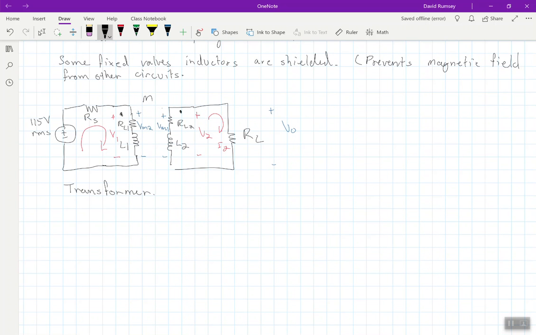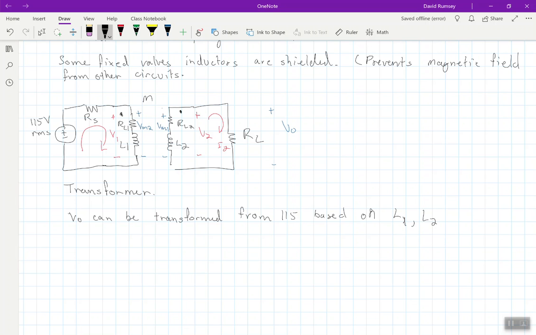And the idea here is that the transformer's V out can be transformed from 115 based on the values of L1 and L2.